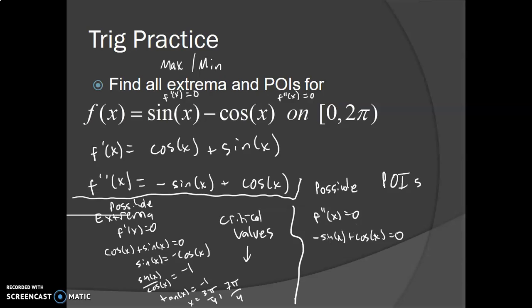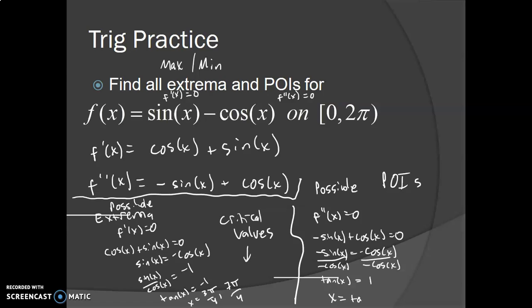Or you can subtract the cosine over, so negative sine x equals negative cosine of x. Divide both sides by negative cosine. Negatives cancel out and give us a positive 1, a positive tangent of x.